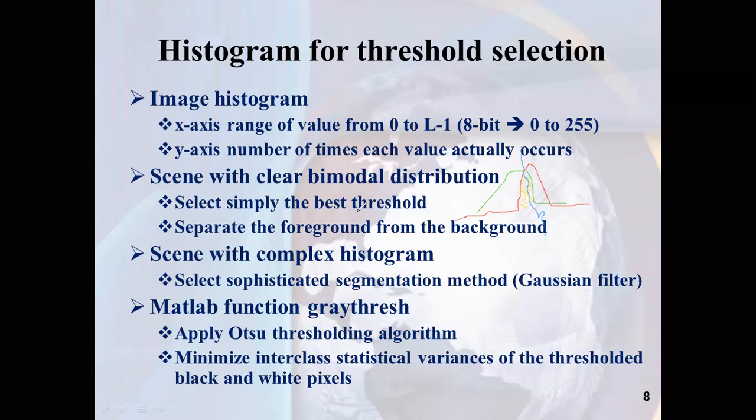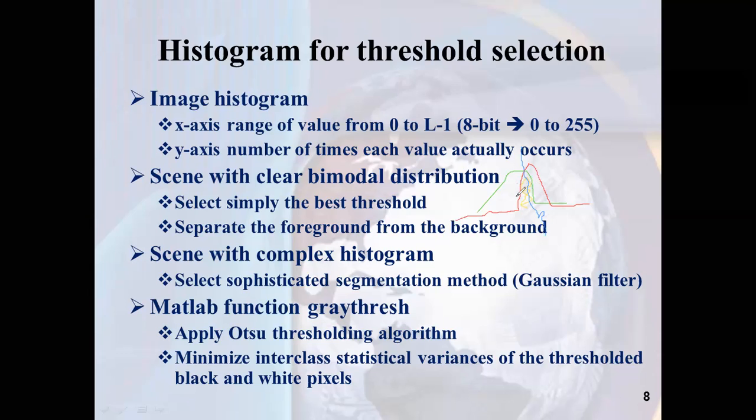So the algorithm tries to minimize the variance, which is the square of the standard deviation, sigma, of the Gaussian distribution. By minimizing the variances, we reduce the size of the overlapping region.